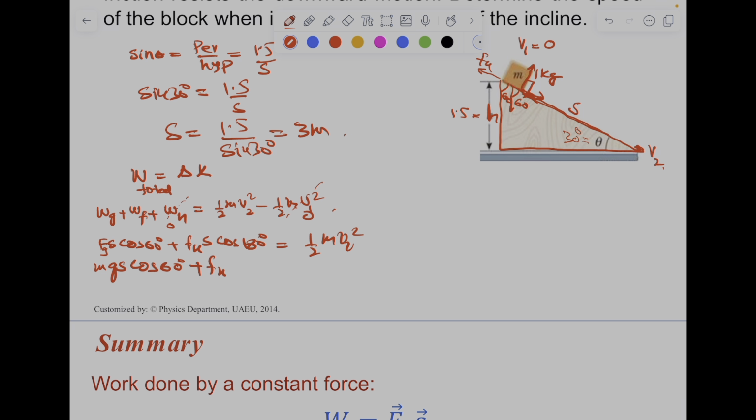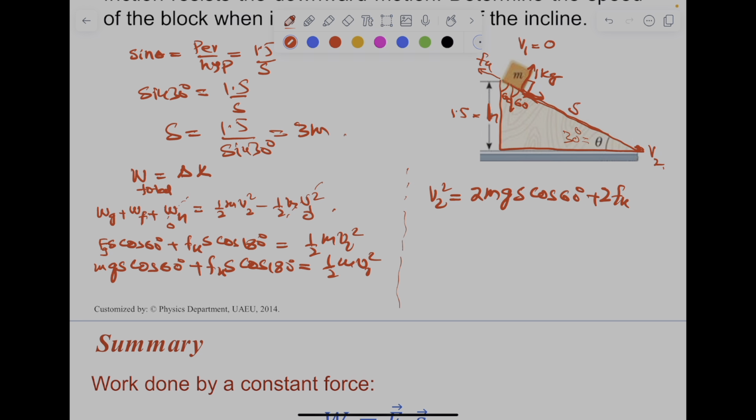Fk is given, s we have calculated, and cos 180 is minus 1, so we get 1/2 m v2 squared. So v2 is 2 mgs cosine 60 plus 2 Fk s cosine 180 divided by m, and then you take the square root on both sides.